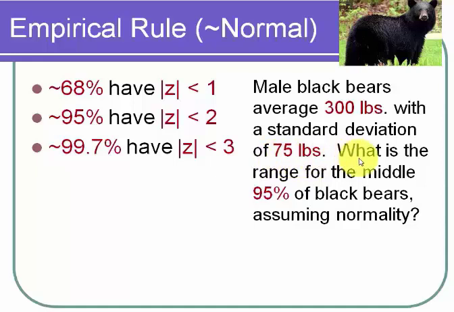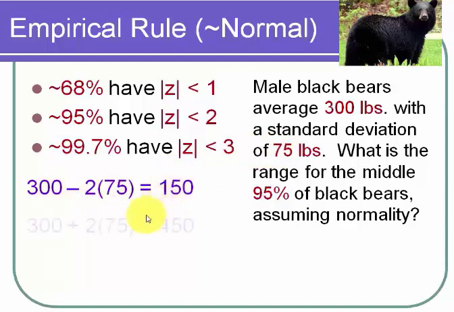Okay, let's assume that these black bears are approximately normal, then what is the range for the middle 95% of black bears? So to find that, what we do is we take 300, that was the mean, and we subtract 2 standard deviations. So 300 minus 2 times 75, and that's 150.